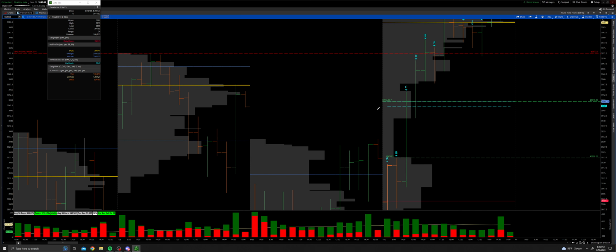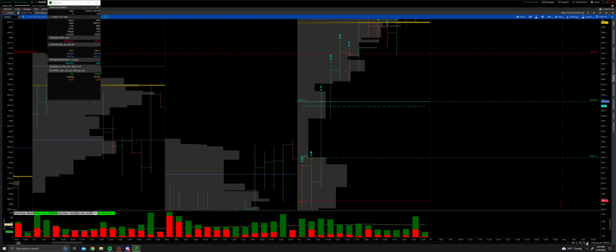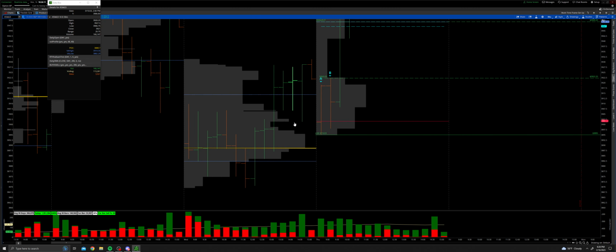Okay. So what is a set of single prints? So you can see here in A and B how we kind of chopped around, right? In A and B period, there's 2 time frames and then even 3 time frames that went through the prices of 39.22.25 and 38.95, right? Multiple time frames went through that range.